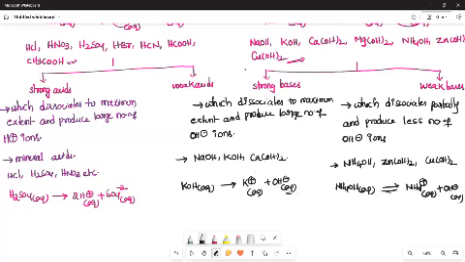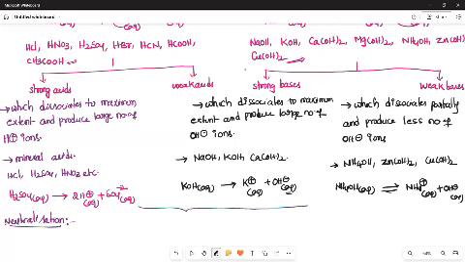So this is the simple concept of the Arrhenius theory of acids and bases. Then finally, the reaction between acids and bases is called neutralization. What is neutralization? For example, HCl aqueous plus NaOH aqueous gives NaCl plus water.